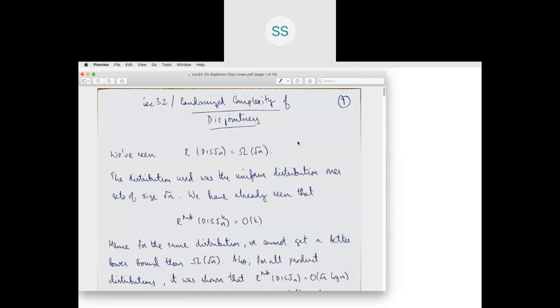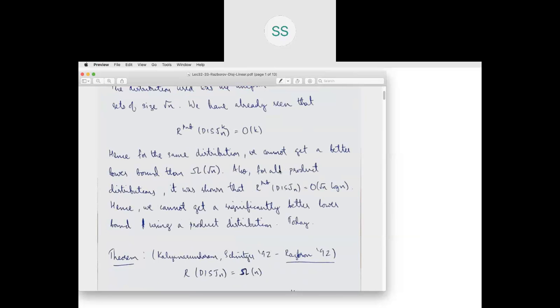It's the same PDF. The entire proof is there in the same PDF. So the goal is to find a distribution such that for an error epsilon, the distributional complexity is at least linear.